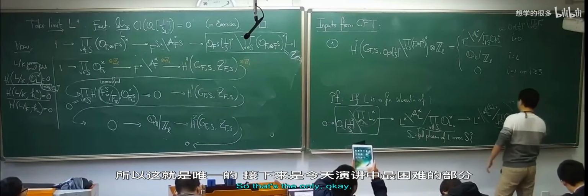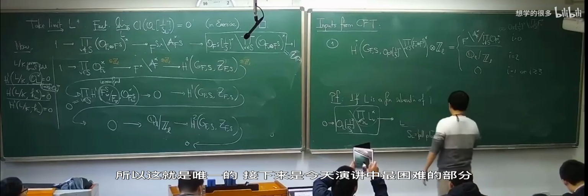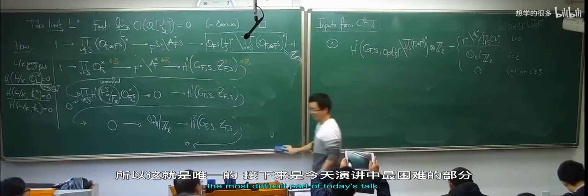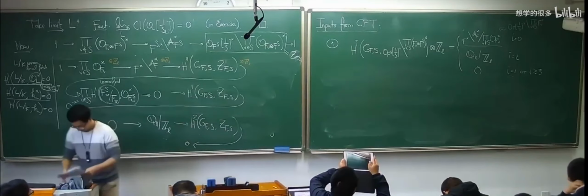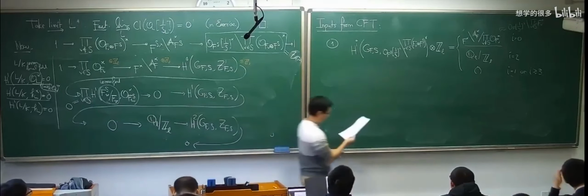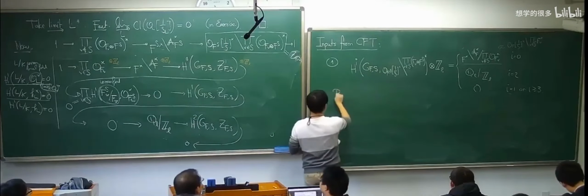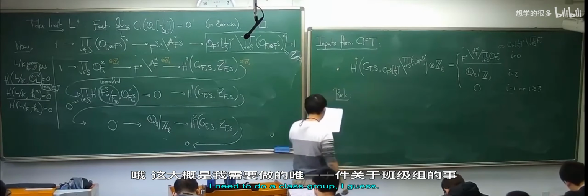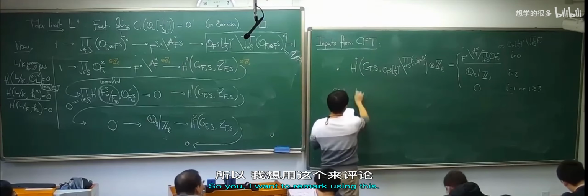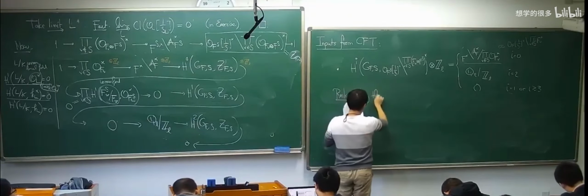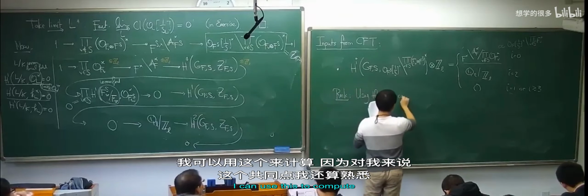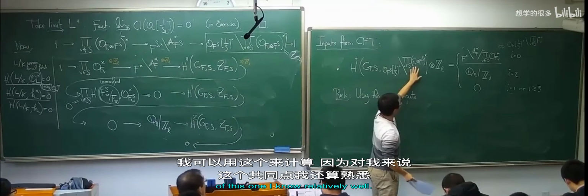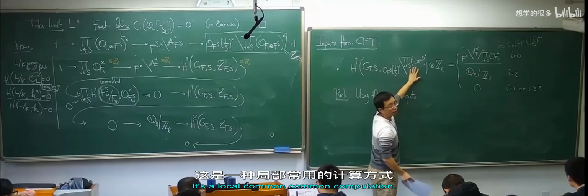So that's the only, okay. We've come through the most difficult part of today's talk. Okay? Well, let me make a remark regarding this. This is the only thing where I need the ideal class group, I guess. So I want to remark that I can use this to compute, because the cohomology of this one I know relatively well. It's a local cohomology computation.